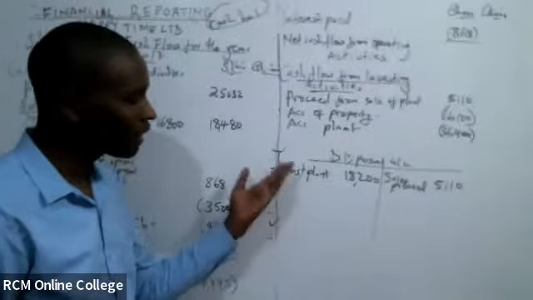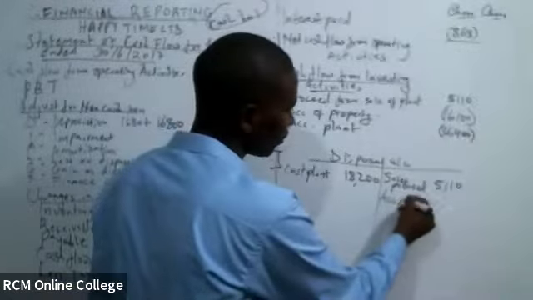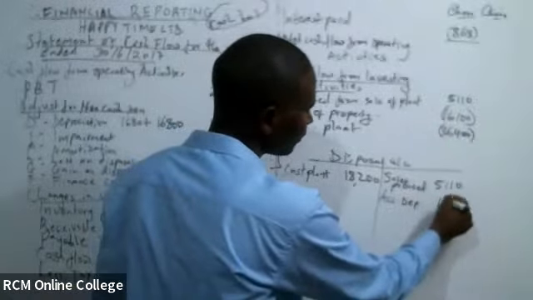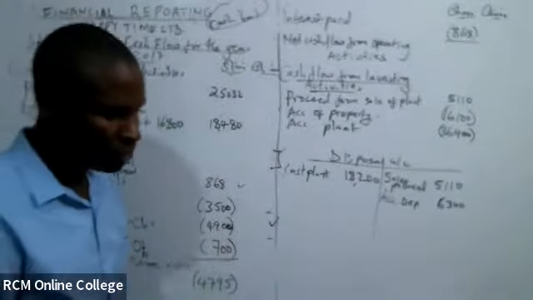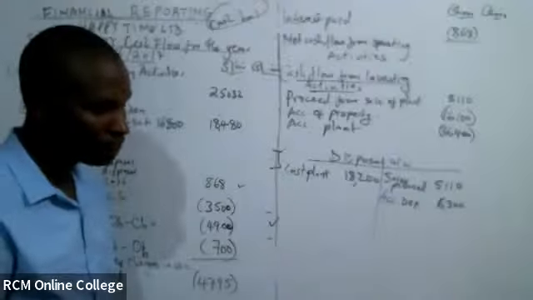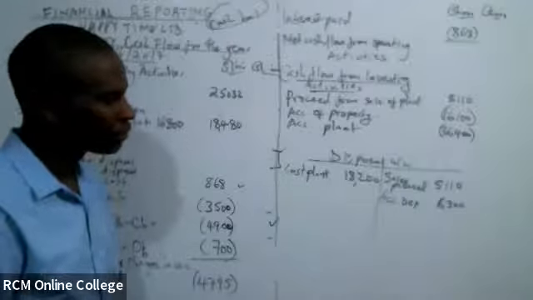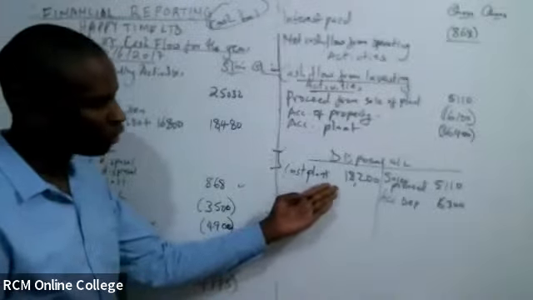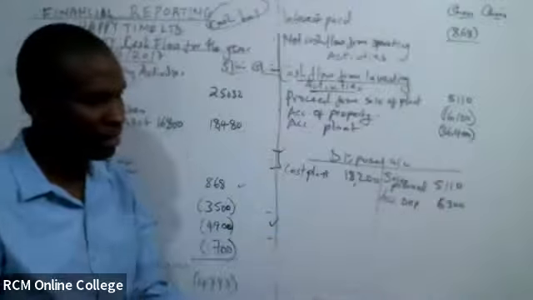But still kulikuwa na depreciation wakati tulikuwa tunauza, accumulated depreciation ya hiyo which was 6,300. What else do you think will affect our item? We had this, the cost was this. We sold that, then we had accumulated depreciation of that.